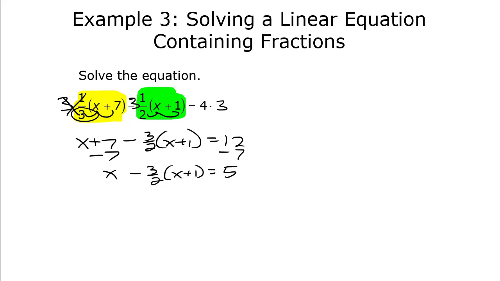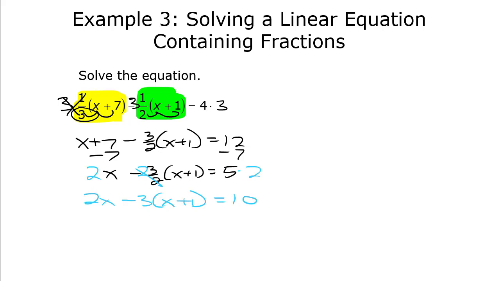Whatever kind of helps clean things up. It's always good to just constantly clean things up. We're left with a fraction. So we repeat the process, hit everything with a 2. That gives us 2x. Of course, these cancel, so we're minus 3 times that equals 10.